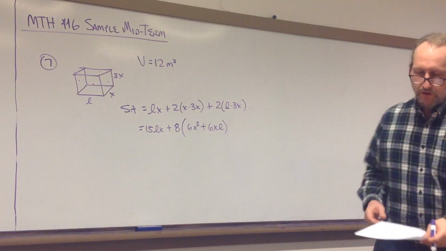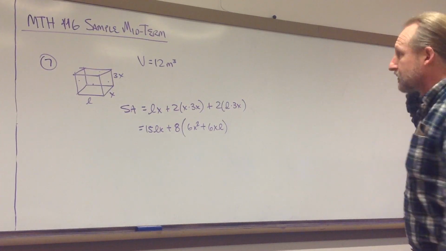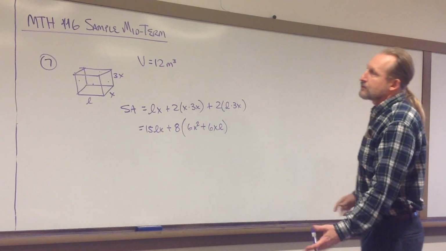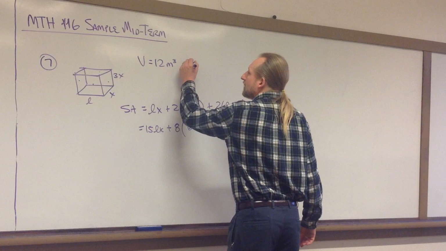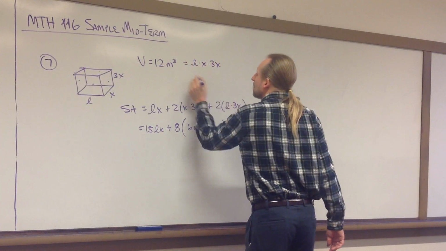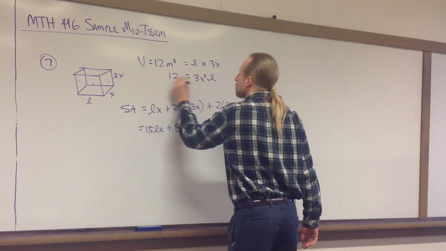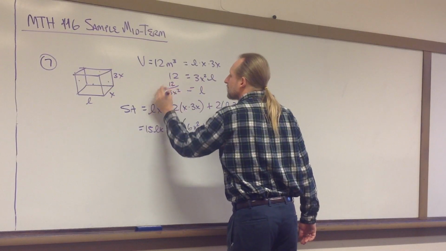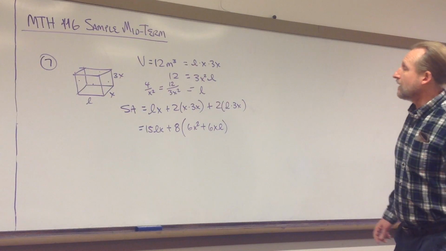Now, I normally make this substitution actually before I plug in the cost pieces, but it doesn't really matter. So our volume here is L times x times 3x, which is 3x squared L equals 12. So L is 12 over 3x squared, or 4 over x squared.